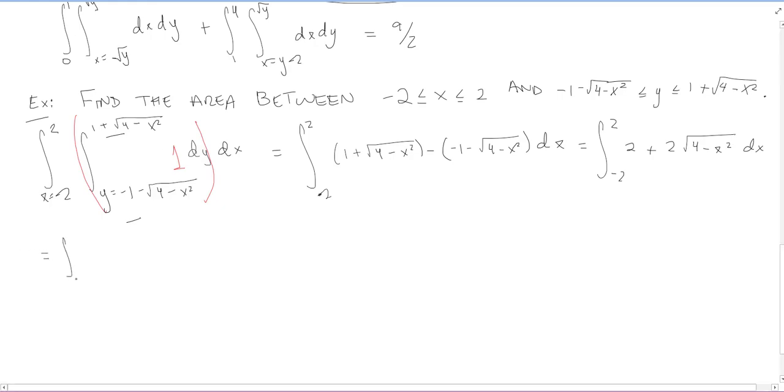We can integrate 2 on its own, and then our second integral will have that not so fun radical that we have to work with. For the second integral, I'm going to factor out that 2 to the front, and then we have the square root of 4 minus x squared. This first one, we know what that is. That's just going to be 2x evaluated from -2 to 2, and so that's just going to give us 8. So that one's done.